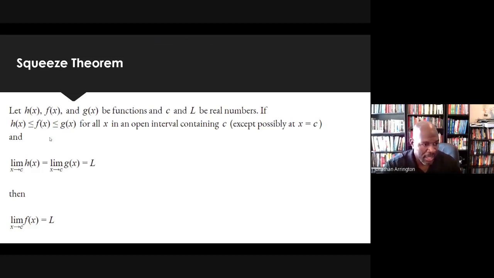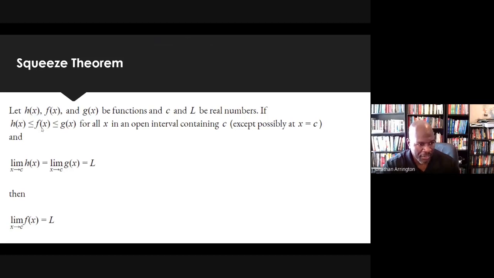So if f is between h and g for all x in an open interval containing c, except possibly at x equals c. The reason this statement is in here, except possibly at x equals c, is that there's a very good chance that f is not going to be defined at x equals c. So that's why that statement is there.